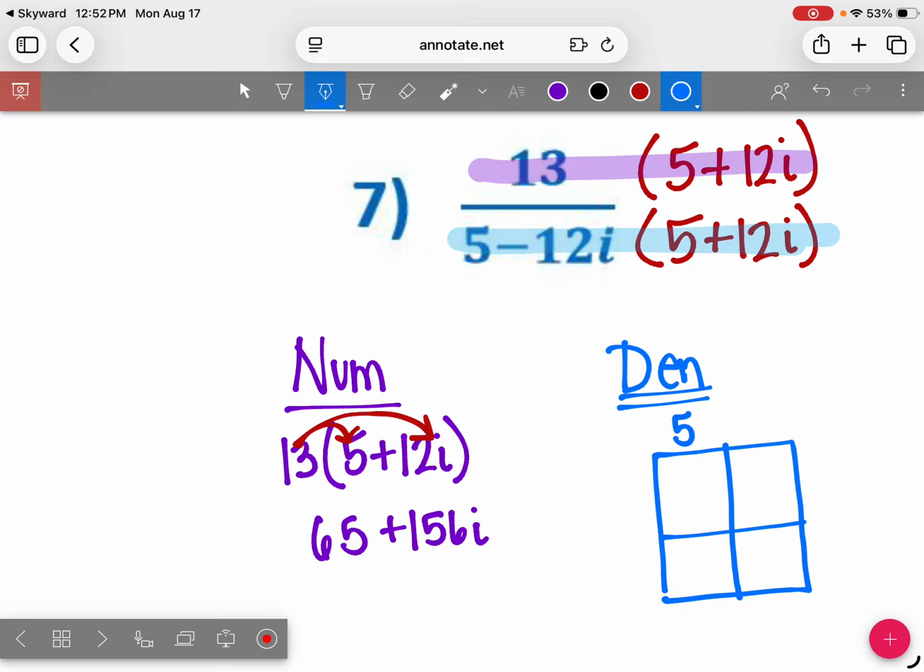I am going to go with the majority. So fill in all four squares. When you multiply by conjugates though, these two squares should always cancel. If they don't cancel, that means you didn't multiply by the correct term.